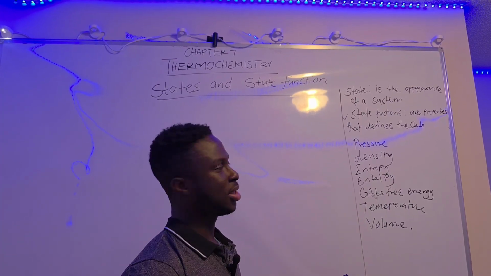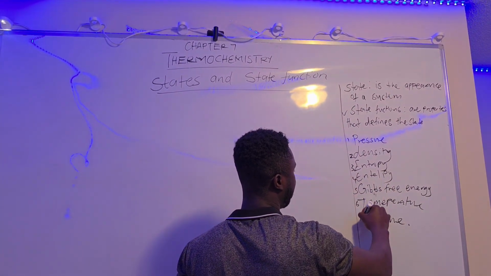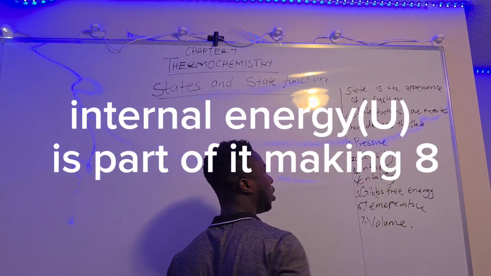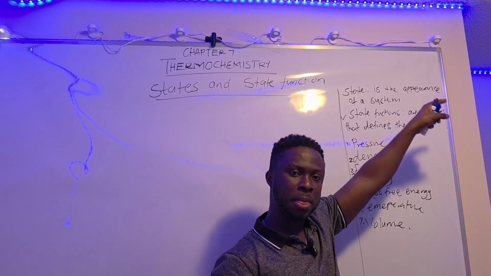These are state functions. How many are there? 1, 2, 3, 4, 5, 6, 7. There are 7 of them. And these define a state, right?